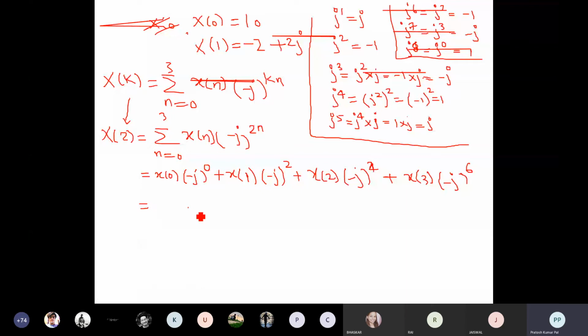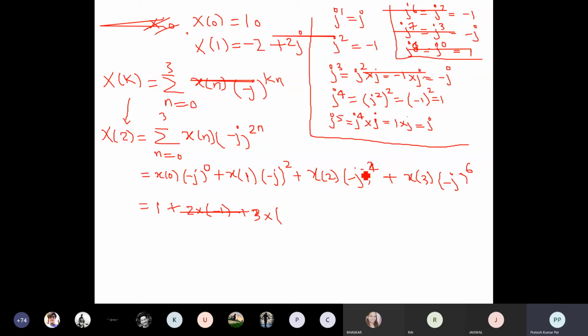Okay, so x of 0 is 1, and j to the power 0 is equal to 1, so it will be 1, plus x of 1 is equal to 2 into minus j whole square. Minus j whole square will be j square, which is equal to minus 1, plus x of 2 is equal to 3 into minus j to the power 4.